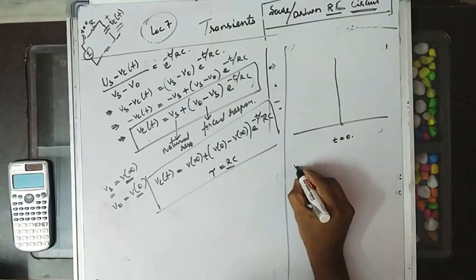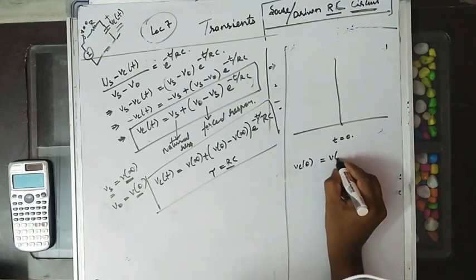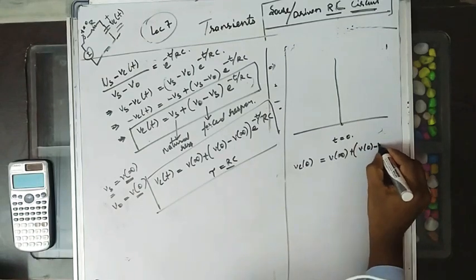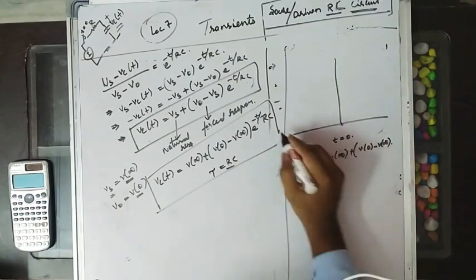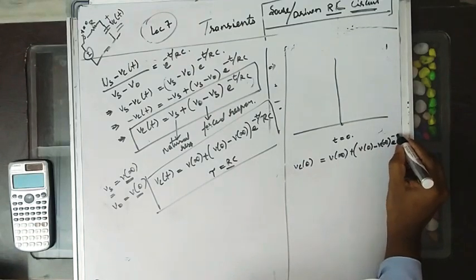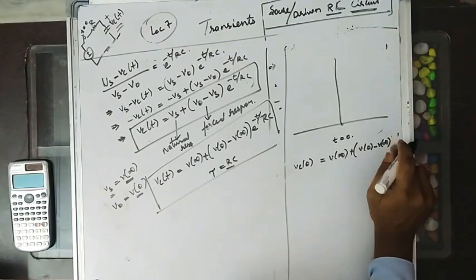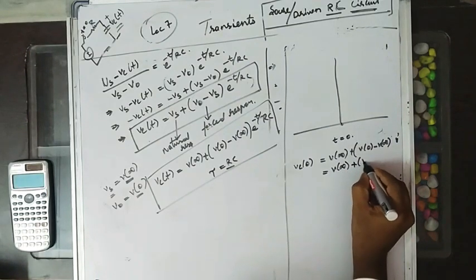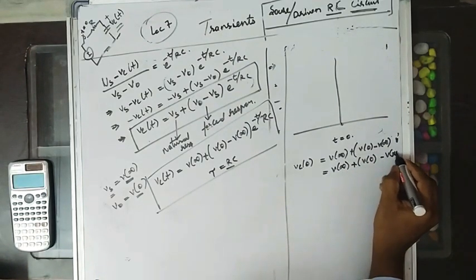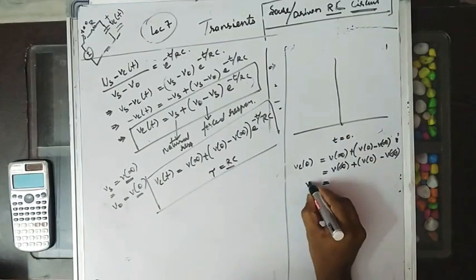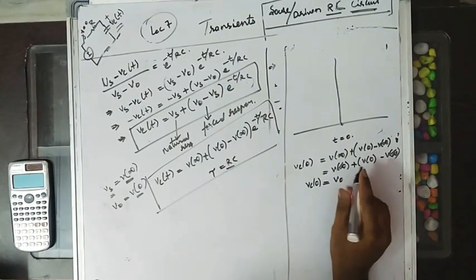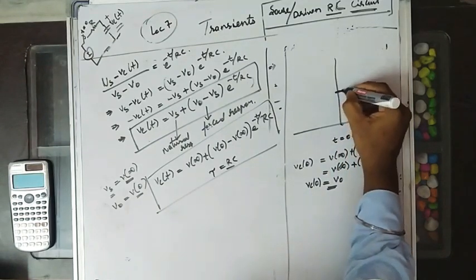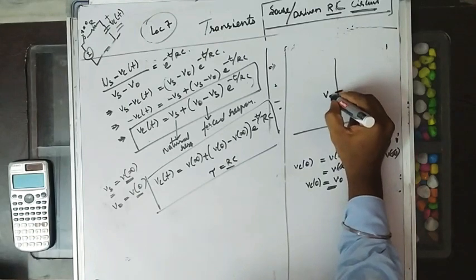Then Vc of 0 equals V of infinity plus (V of 0 minus V of infinity) e power minus 0, which means 1. These two cancel, so Vc of 0 equals V naught. That is, at time t equal to 0, the voltage across the capacitor will be V naught.